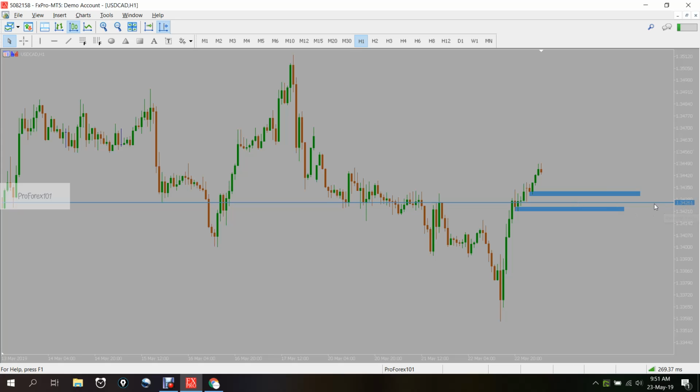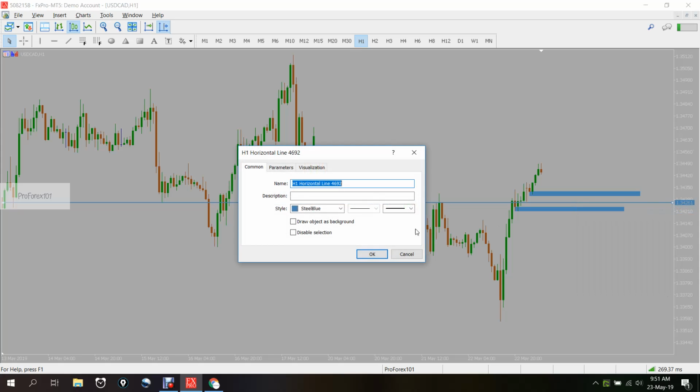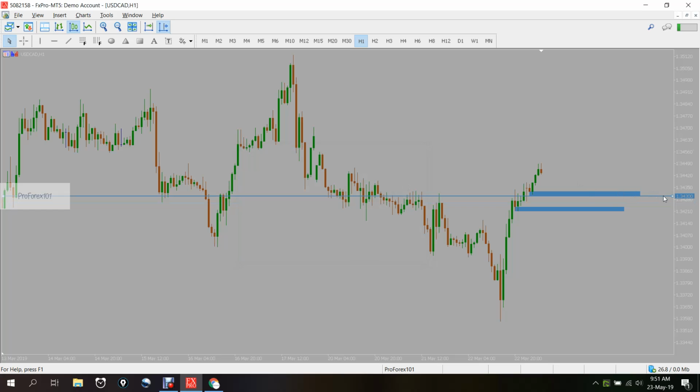So let's round this up. This area is not set in stone, it's something that we want the market to come back and turn around from, so I'm rounding it off to the 300 area. Great, so it'll be in this demand area.